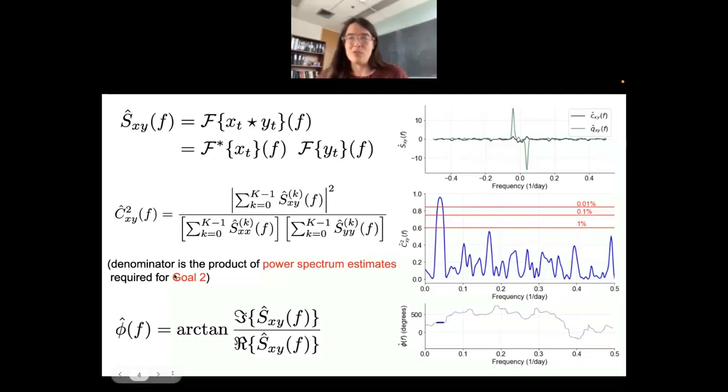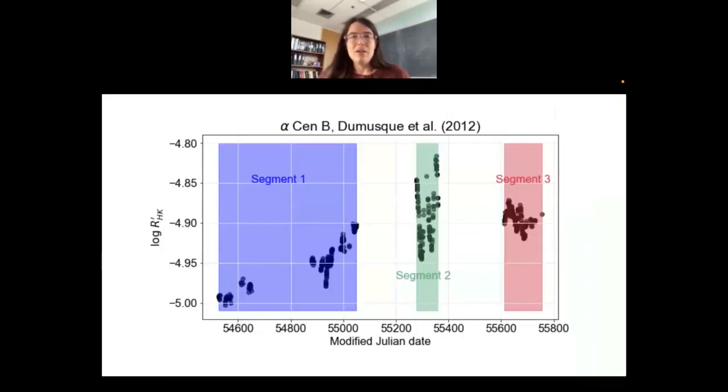So goal 2 comes for free if you can do goal 1. And then finally, you can also get a phase spectrum, which I've plotted on the bottom right. At the rotation frequency, the phase difference between the two signals is 270 degrees, which makes sense because one of them is a cosine, the other is a sine.